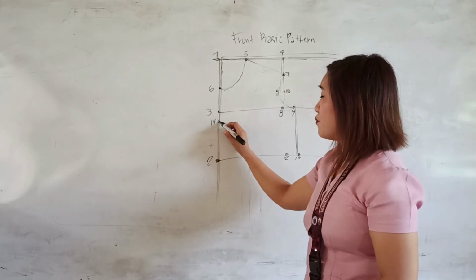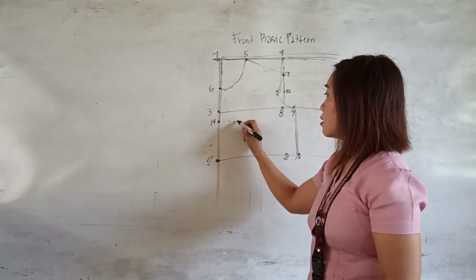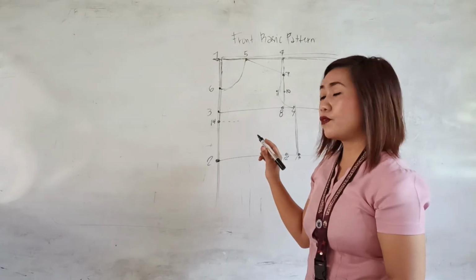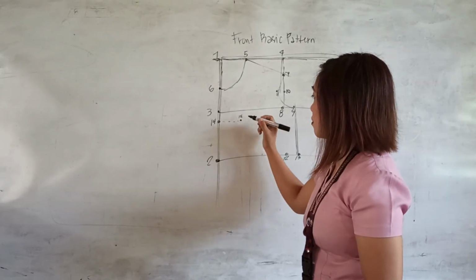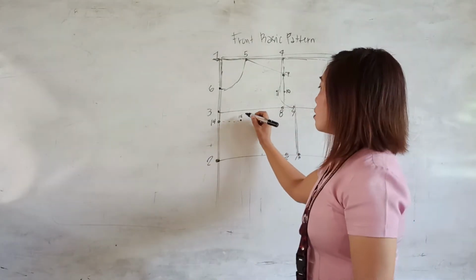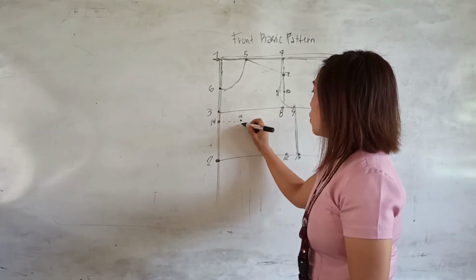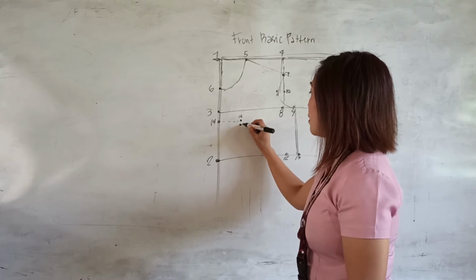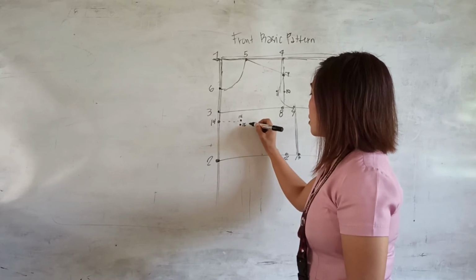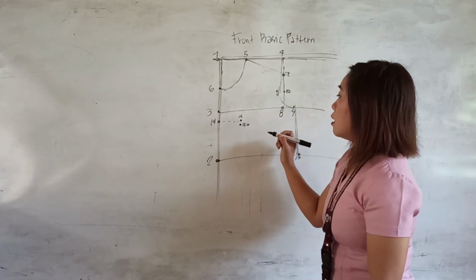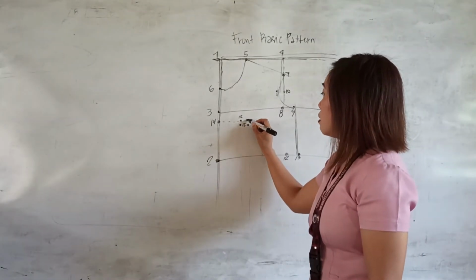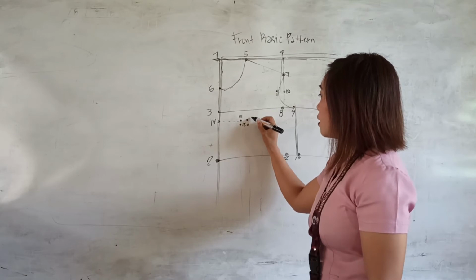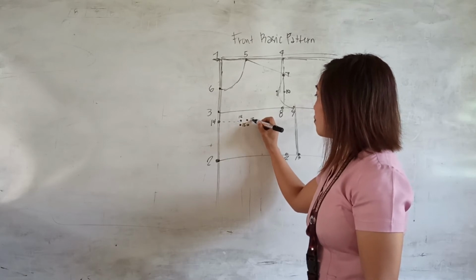Now, from your point 14 going to the right, you measure the 1/2 of your bust distance and mark point 15. Then, from your point 15 going downward, you measure 1/2 and mark point 15A. And from your 15 going to the right, you measure 1/2 again and mark point 15B.